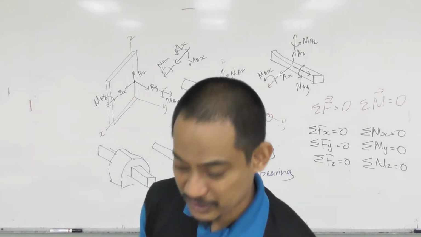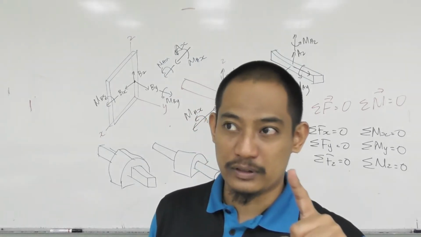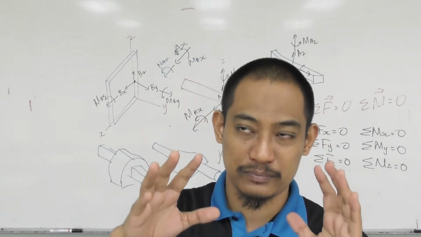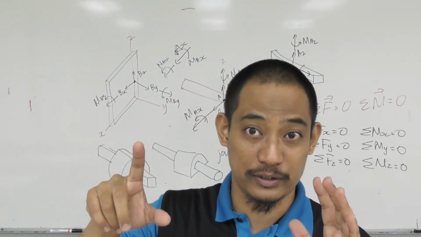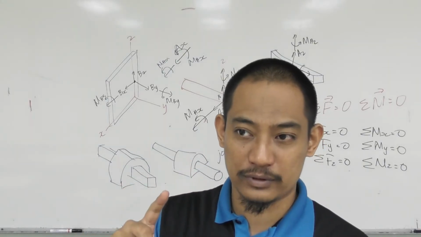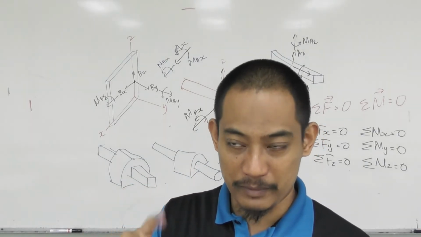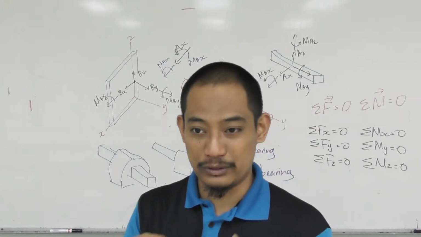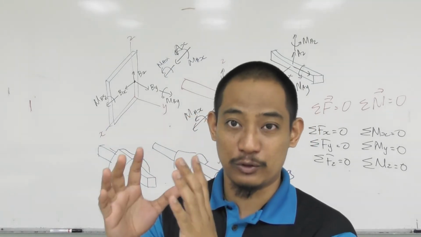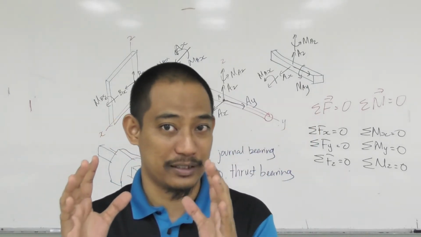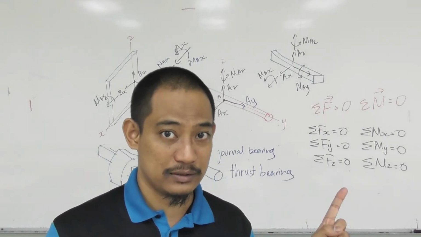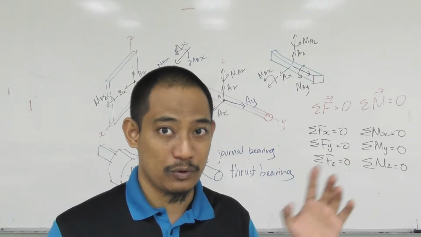Now, normally in terms of calculation, in the exam, the calculation-based question, you will never have statically indeterminate, because we want you to solve. So we will give you a number of unknowns that you can actually solve, which is 6 based on 6 equations or less.